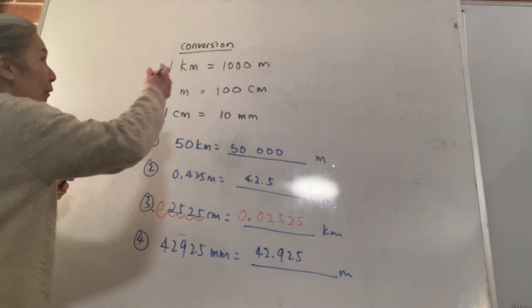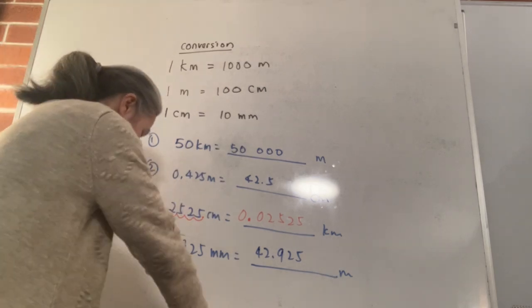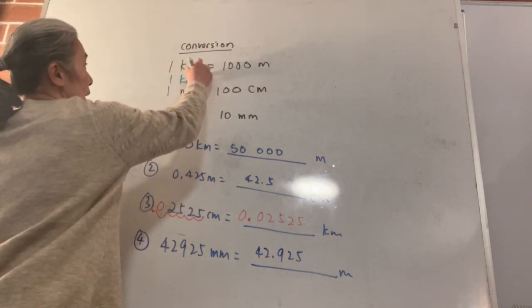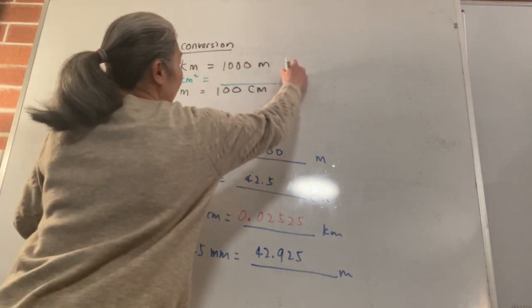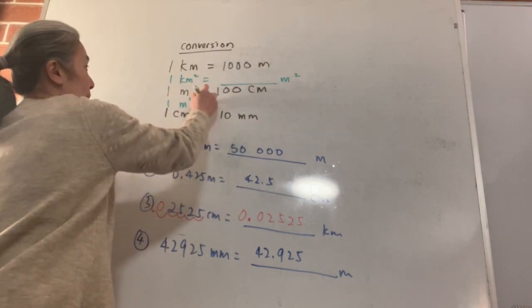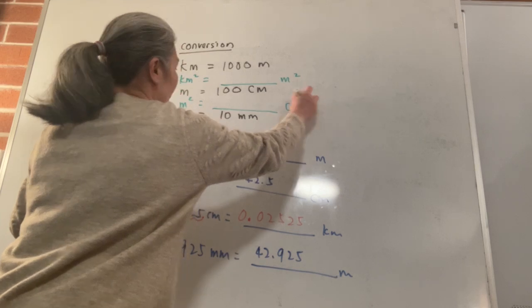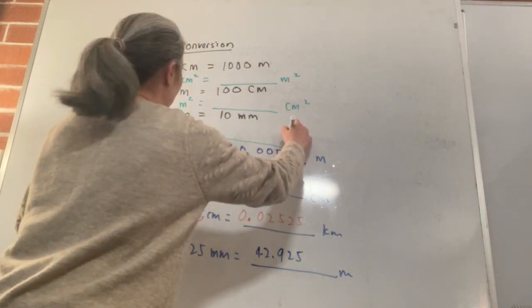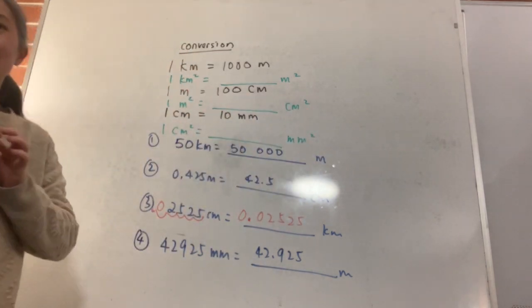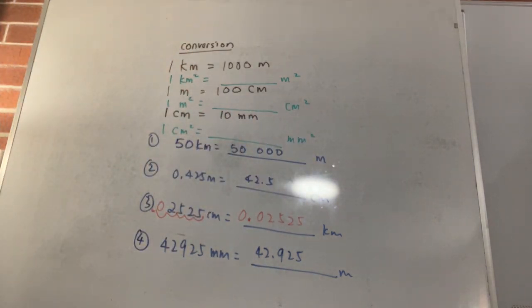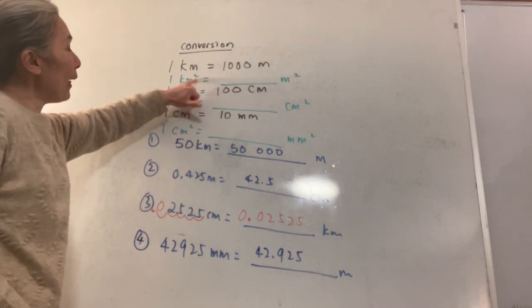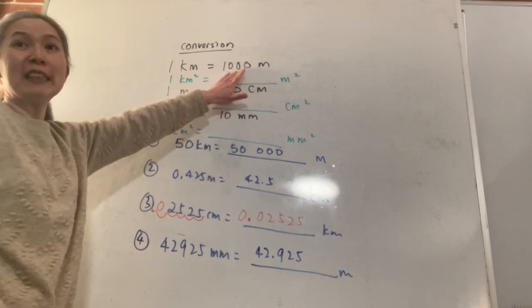Okay. Now, I'm going to change it to, instead of meter and kilometer, I'm going to change it to 1 kilometer square. Right, the unit you are going to have in here, because of the square, what you need to do is literally squaring this number.